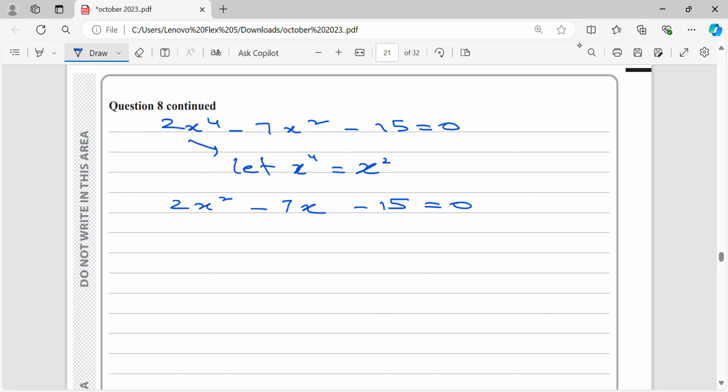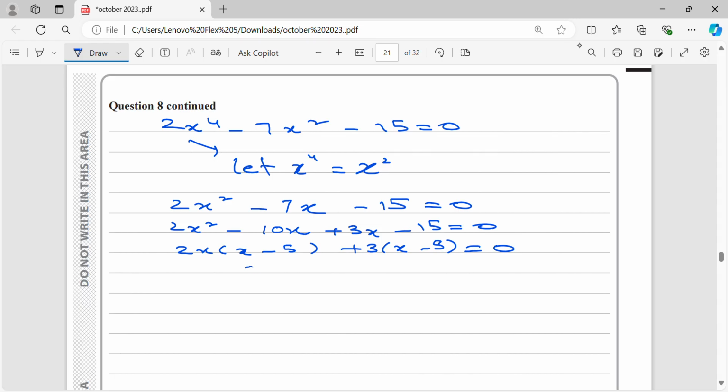So factorize using the sum and product method. When I factorize it, I'll get negative 7x, which I can write as negative 10x plus 3x minus 15. Take common: 2x into x minus 5, plus 3 common, x minus 5.